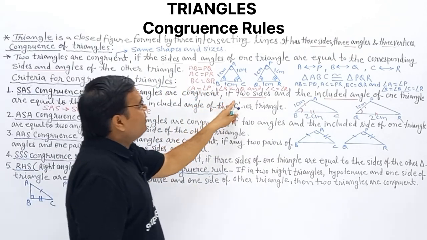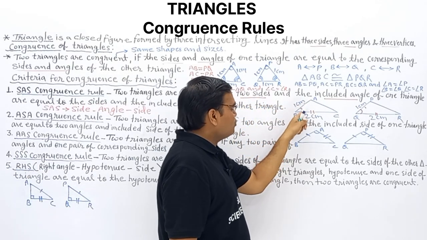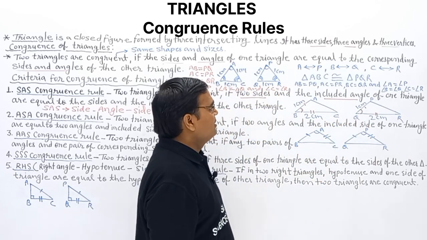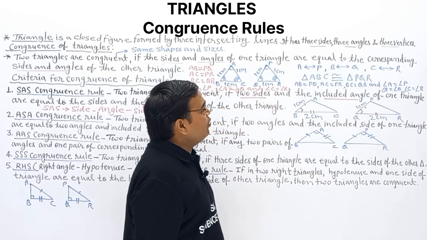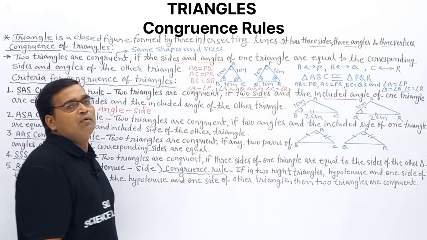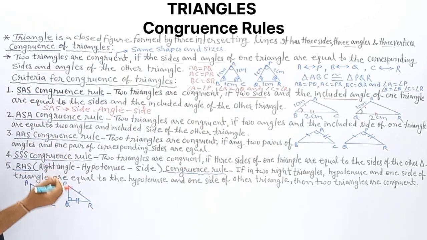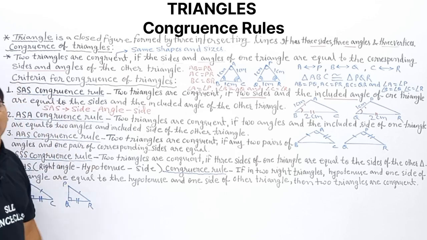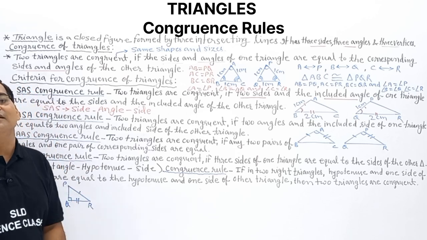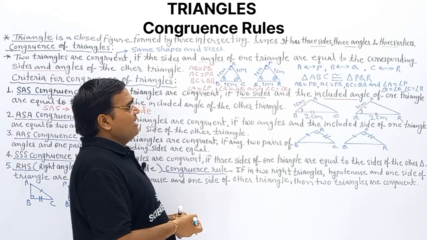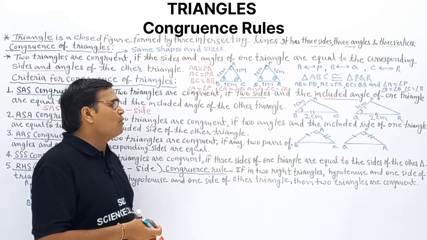So if two sides and included angle of one triangle are equal to two sides and included angle of the other triangle, then we can say the two triangles are congruent. And this is the SAS congruence rule. Simple.